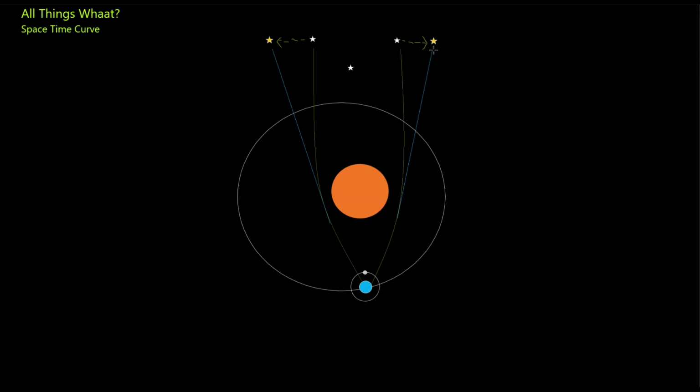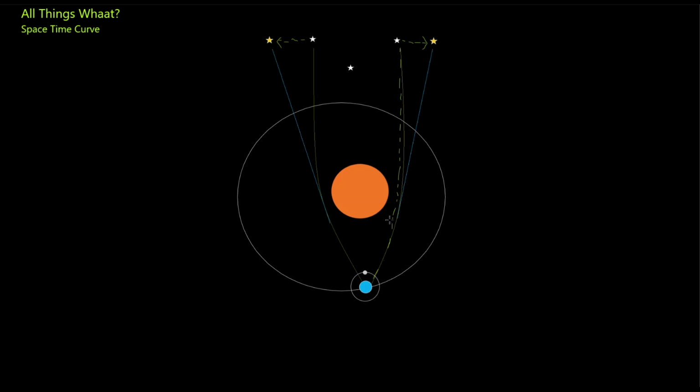Now, the experiment proved that the space-time is curved around the sun, and the light from the star actually bends around the curve to get to the earth or to our eyes. So the actual path that the light of the star takes is this, and it bends around to get here, but our eyes actually cannot traverse the curve and we can only see straight.